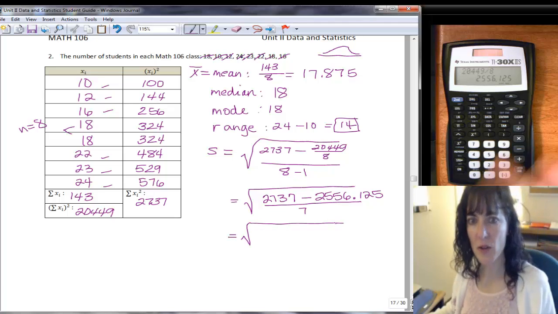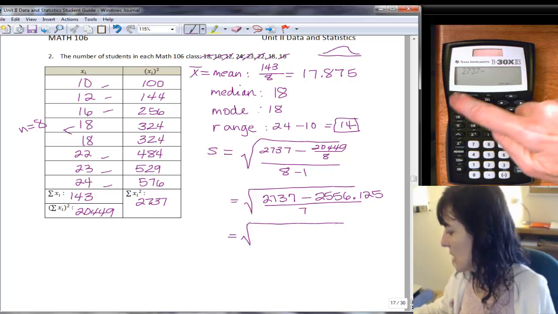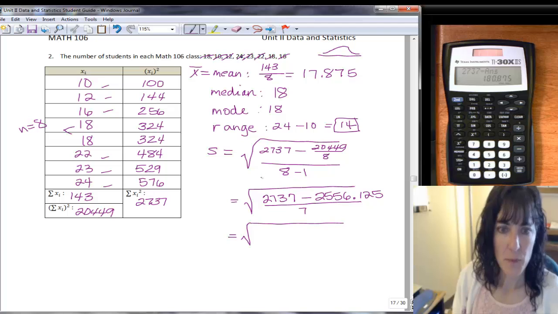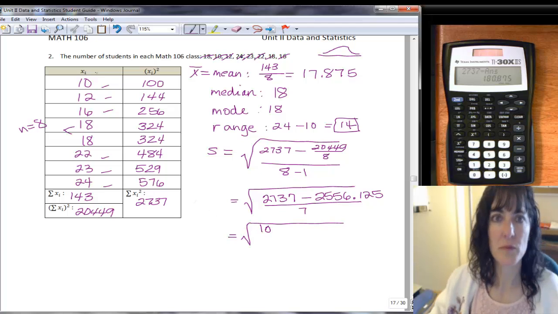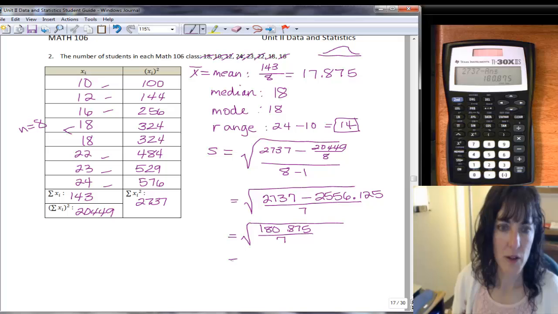And then remember, for this calculator, I'll do the 2737 minus, and then the previous answer, which was the 2556, and then equals. And so I get the 180.875 for my numerator, and 7 for my denominator.